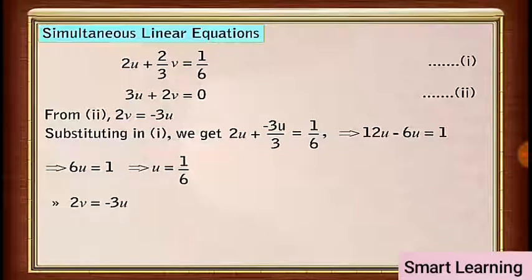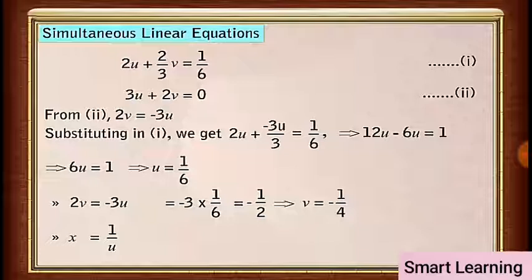Therefore, we have seen that 2v = -3u. Putting u = 1/6 here, -3 times 1/6 is -1/2. Dividing both sides by 2, v = -1/4.